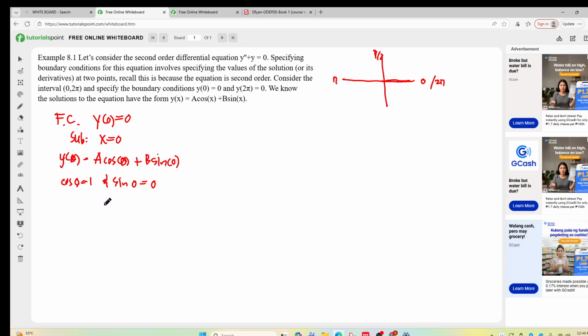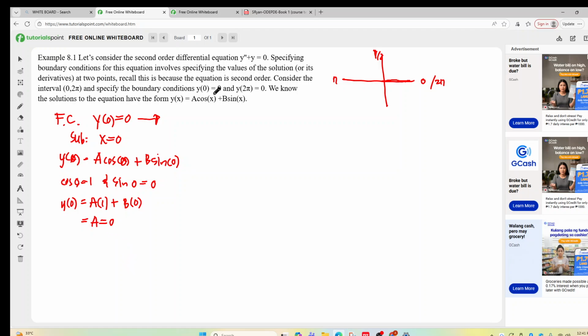In that case, y(0) is equal to a times 1 plus b times 0, so y(0) is equal to a. Since we know that it should be 0, a must be equal to 0.